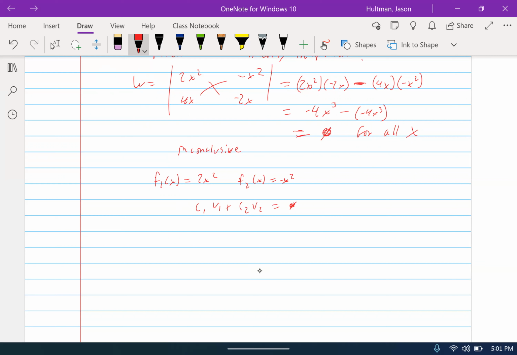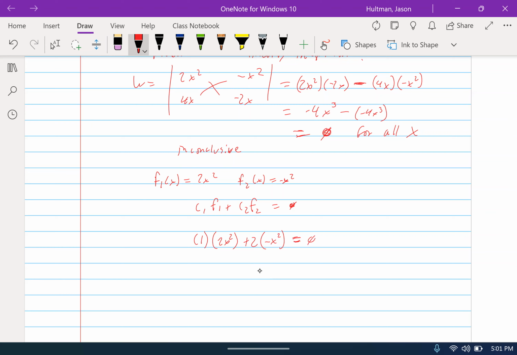So the way we set this up with these functions is: I take 1 times f1, which is 2x squared, and then 2 times f2, which is negative x squared.